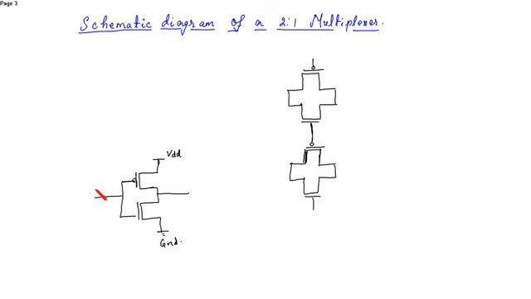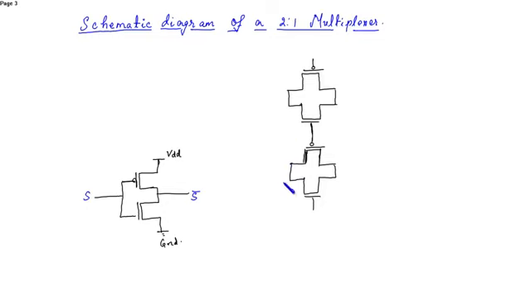So here at one point, this is the input of transmission gate 1, the output of transmission gate 1, the input of transmission gate 2, and the output of transmission gate 2.